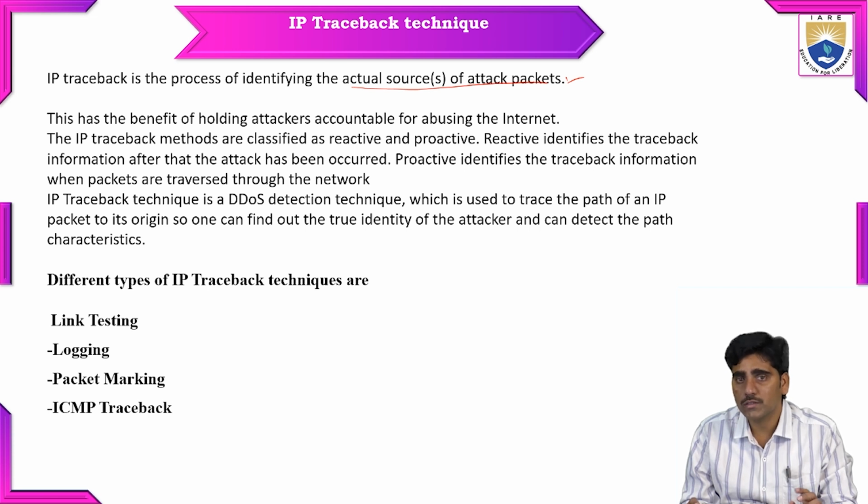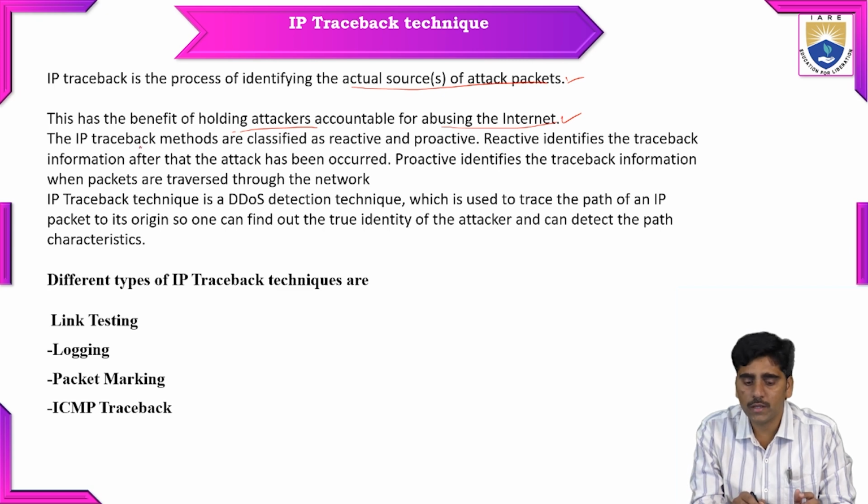It is done only when the source or the root is attacked by the attacker. At that moment only the IP traceback technique is used. This has the benefit of holding attackers accountable for abusing the internet, since they can misuse it and send malware programs or messages in the packets.